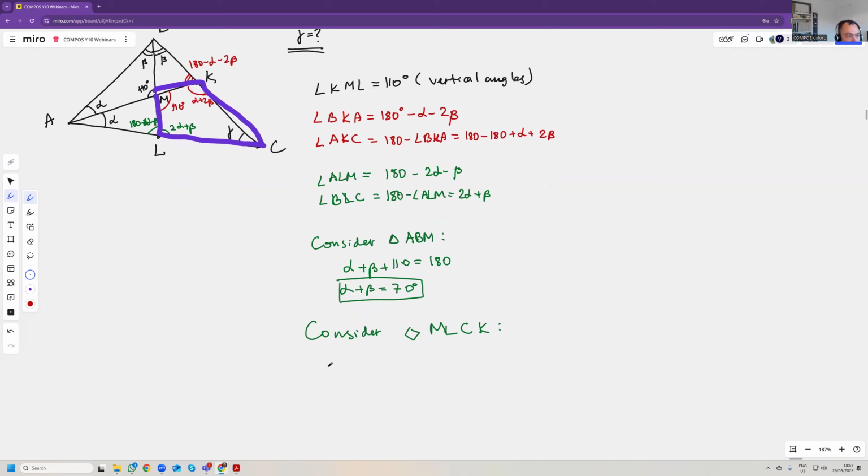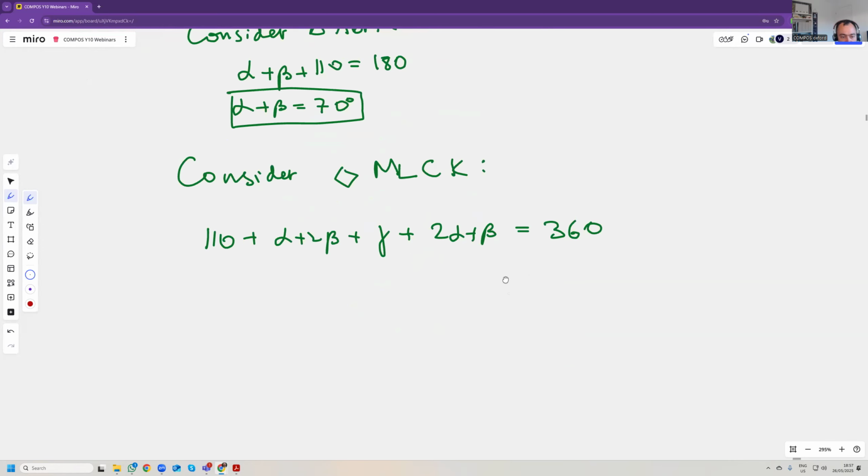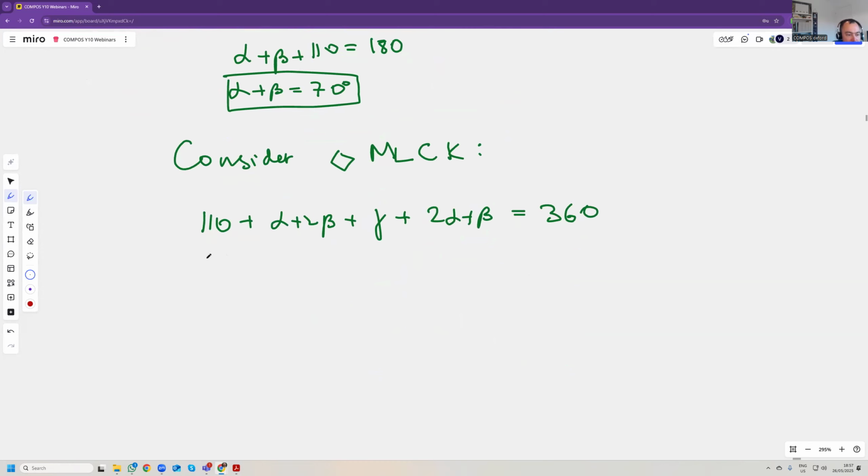And so adding all the angles, 110 plus alpha plus 2 beta plus gamma plus 2 alpha plus beta must equal 360. Right? So when we're looking for gamma, gamma is equal to 360 minus 110 minus 3 alpha minus 3 beta.